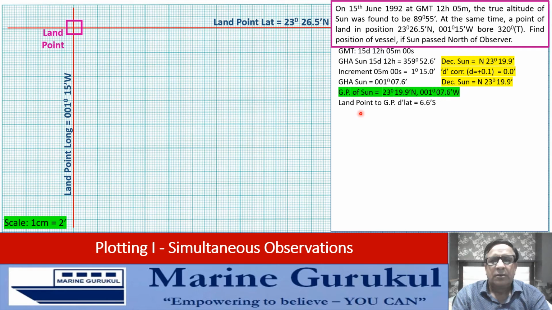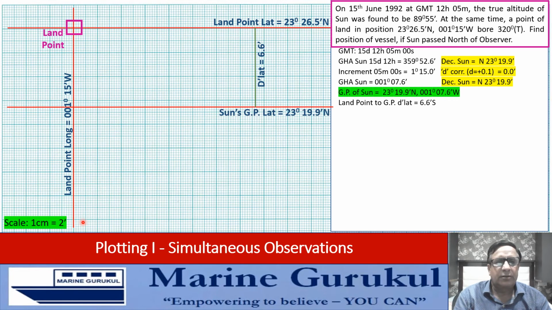Now the land point to GP, D-lat is 6.6 minutes south. That means the parallel of the GP shall be 6.6 minutes south of it. And since we have chosen this scale of 1 centimeter equal to 2 miles, this is where we have the parallel of latitude for the GP of the Sun.